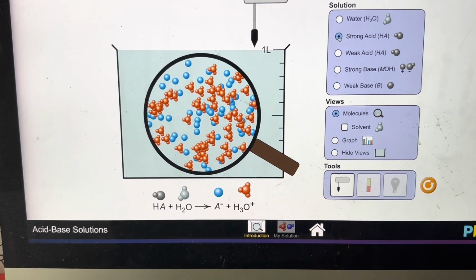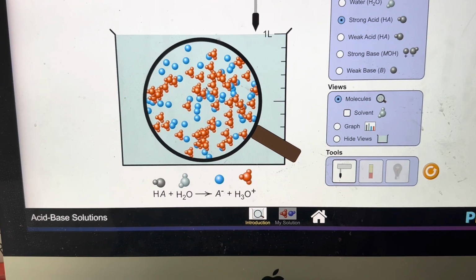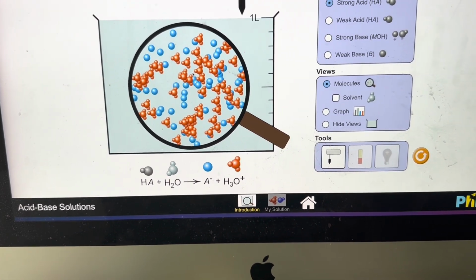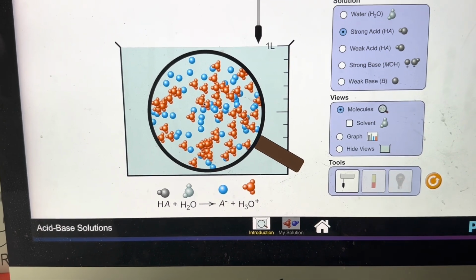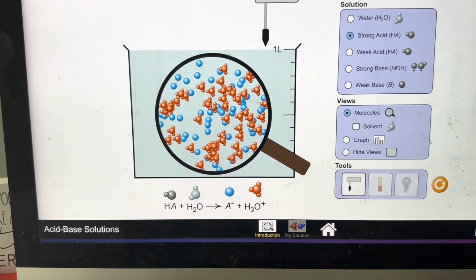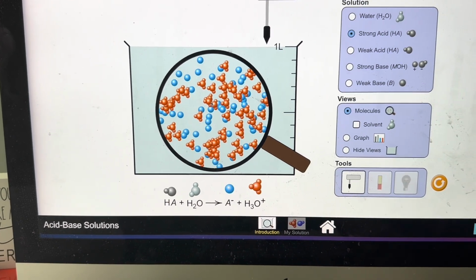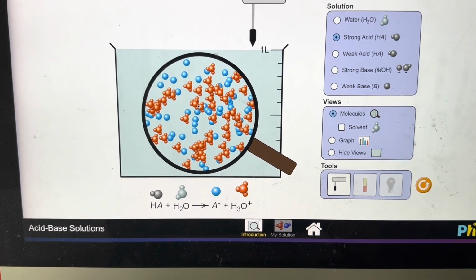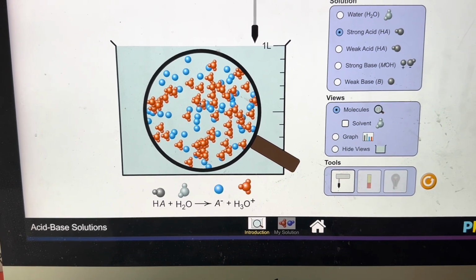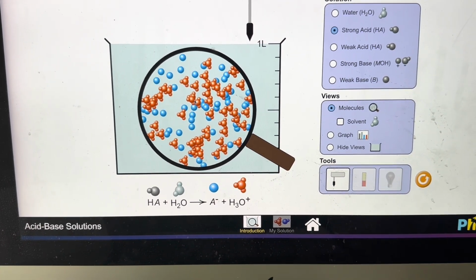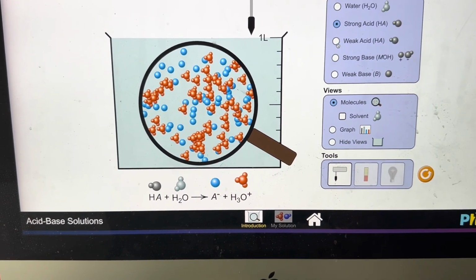A strong acid, we can see in here, just means that our acid has disassociated. We talked about that word before, disassociate. When something disassociates, it breaks apart. So a strong acid is going to donate more hydrogen ions than not. Our weak acid likes to stay an acid.